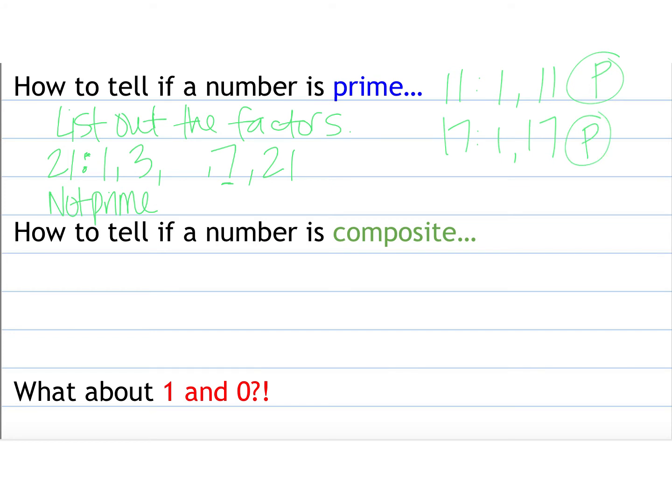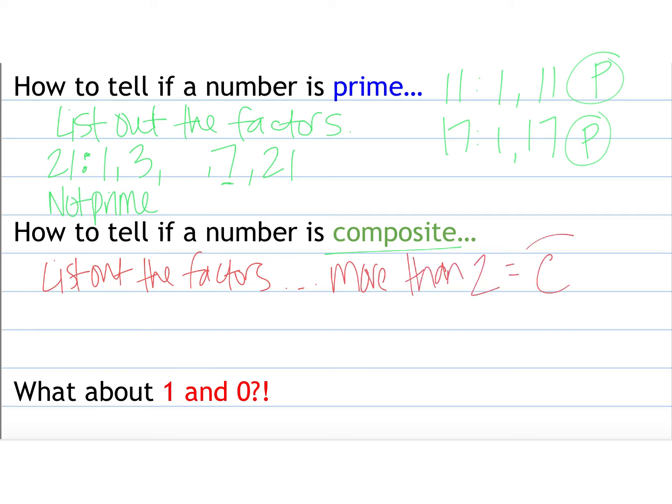How to tell if a number is composite? Well, we can list out the factors again, and then if there's more than 2, then we know it's composite. So 21, we saw that there's more than 2 factors, so we know it's composite.